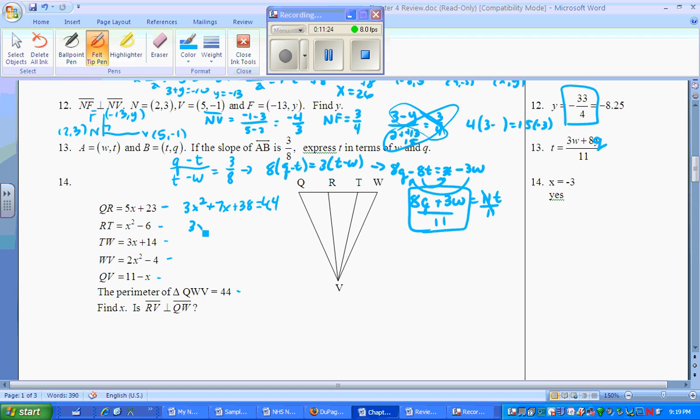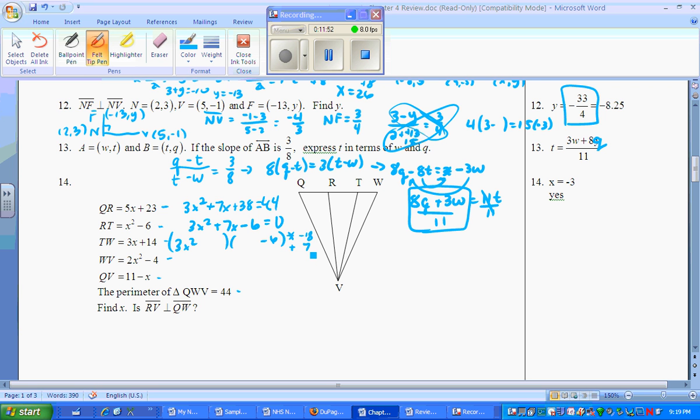Minus it over, 3x squared plus 7x minus 44 over, we get a negative 6 equaling 0. We need two numbers that multiply to negative 18, but add to 7. So the 3x squared comes down, the negative 6 comes down.